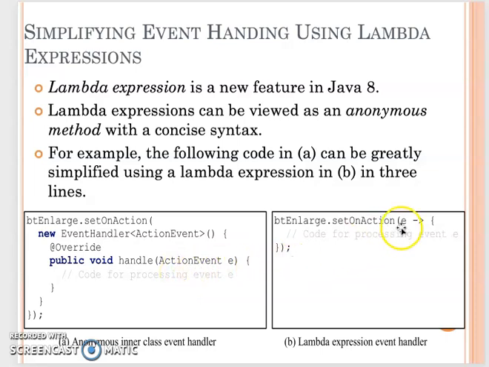So here in the lambda expression, you only have the E, which means the parameter list variable. Then they use an arrow symbol, followed by braces, and the braces are how you implement that method. So what we care about is the E, the arrow, and how you implement the method.